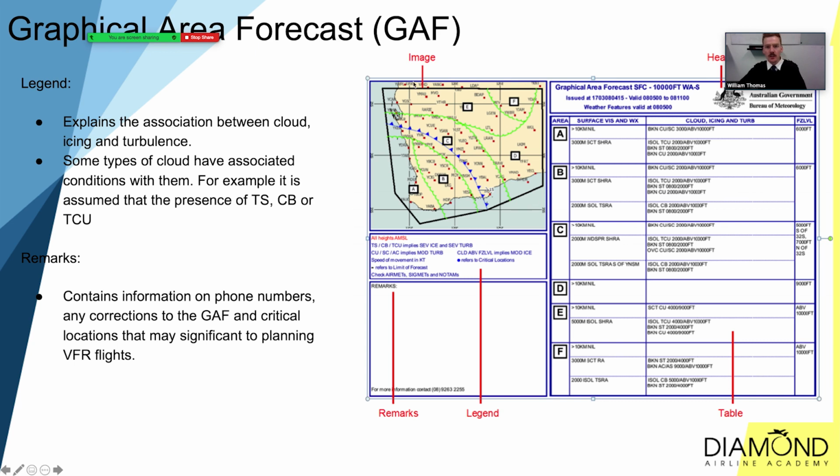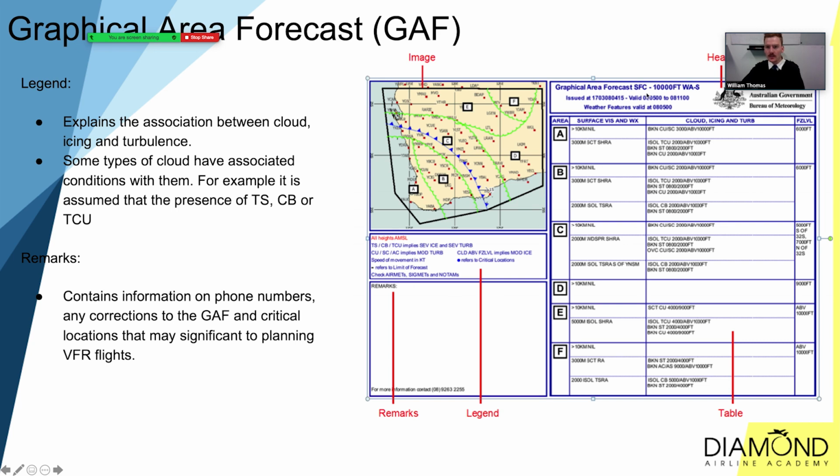First we have a little map which denotes the area in which the forecast is for. Then we also have the aerodromes within that area, marked by their 4-letter identifier. Then we have a key below that map. Then we also have some remarks.